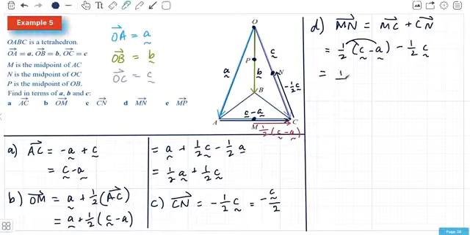So we have a half c minus a half a minus a half c. A half c minus a half c, well, those two things will cancel out. So we're just left with that minus a half a. That's what mn is. So m to n straight up is negative a half of a.